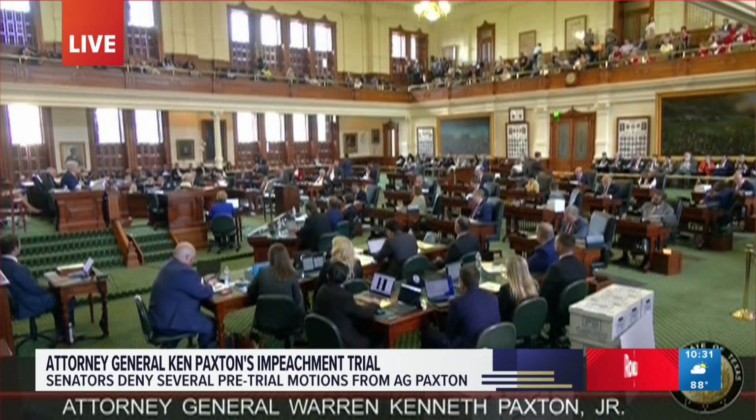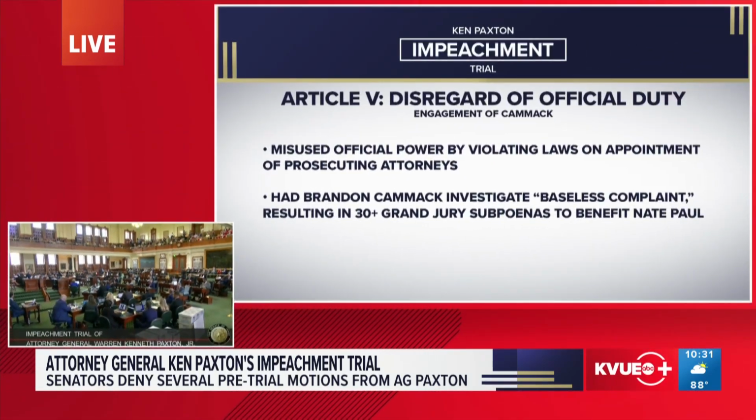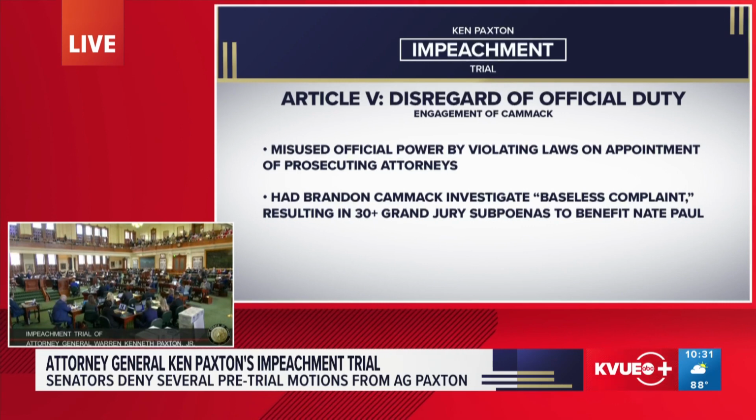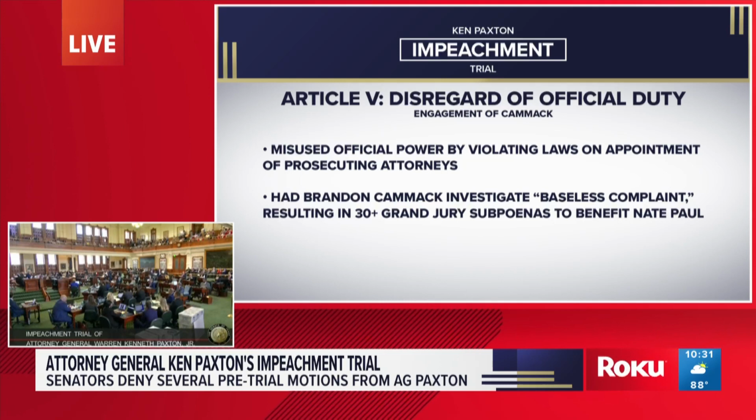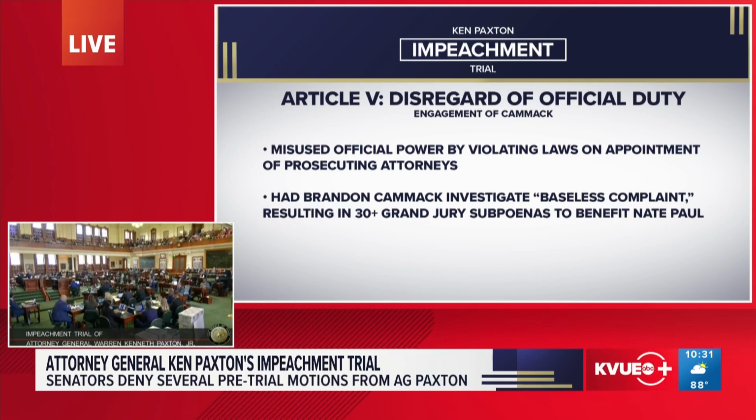Article 5 is a disregard of official duty. It is accusing the Attorney General of having an associate of Nate Paul hired by the Attorney General's office and then having him investigate what the House Managers call a baseless complaint on Nate Paul.